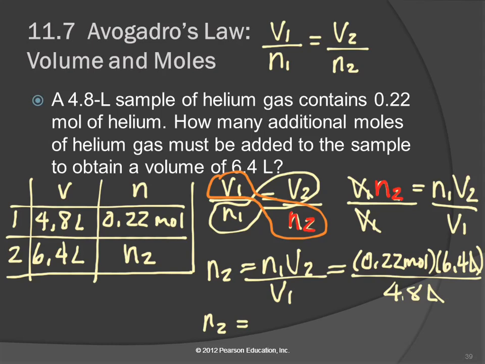Calculator, 0.22 times 6.4 divided by 4.8. And this should have two significant figures, so 0.29 moles. Any questions so far?